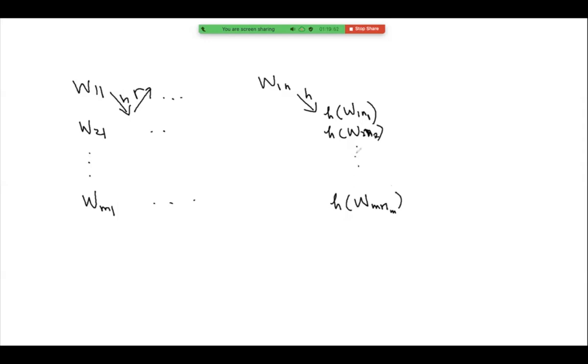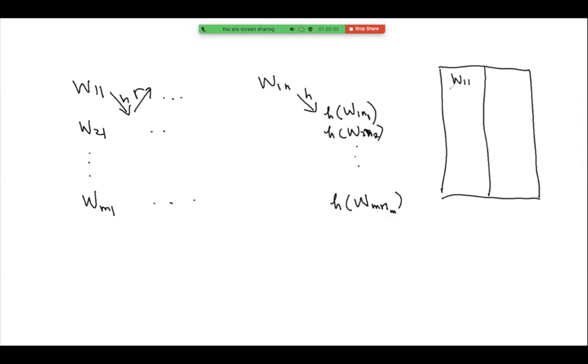So then what I get to store is this. Okay, I get W11, and the next value will be H of W1N1, W21, H of W2N2.